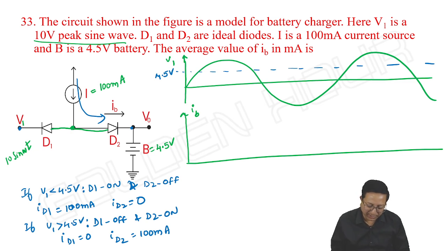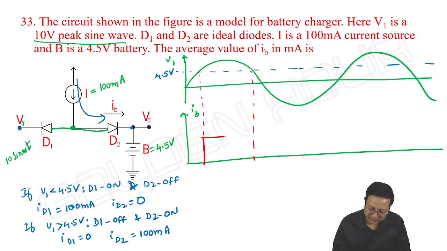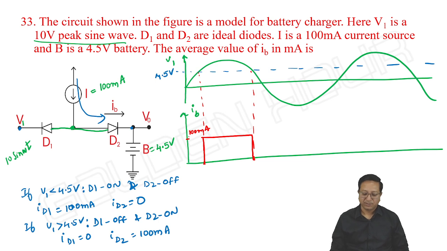So let us draw ID2, how it is. When input V1 is greater than 4.5 volts, means this point to this point, D1 is off, D2 is on, and ID2 is equal to IB.